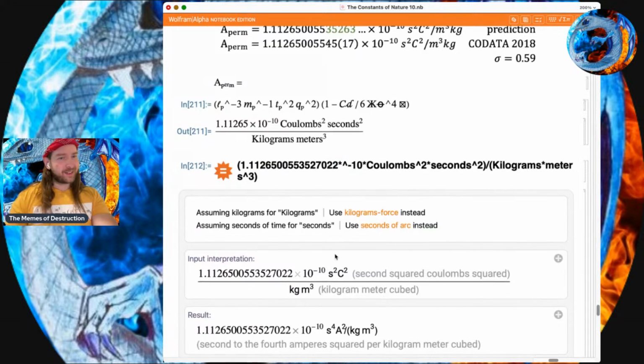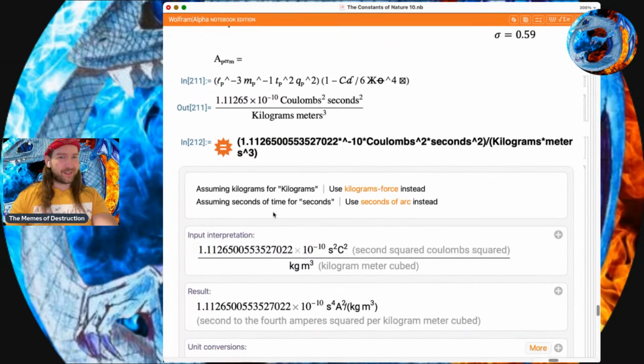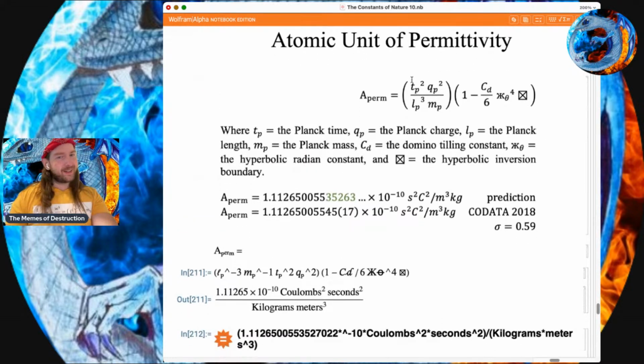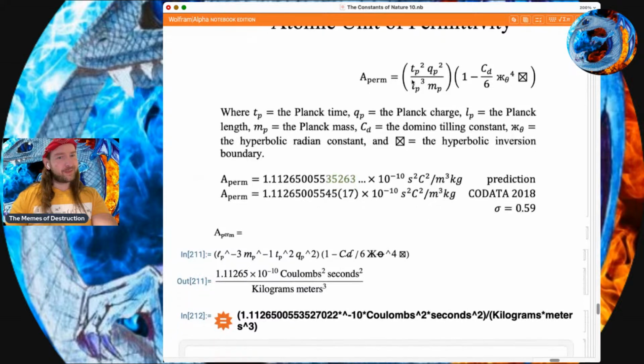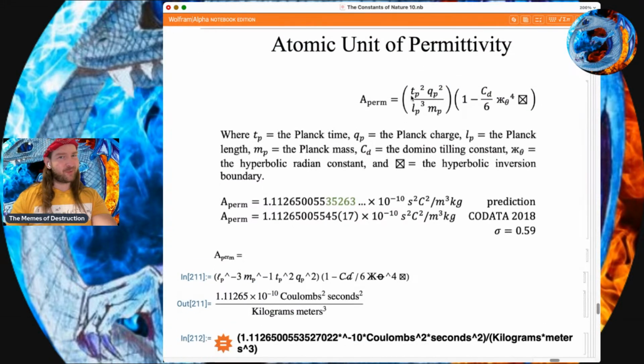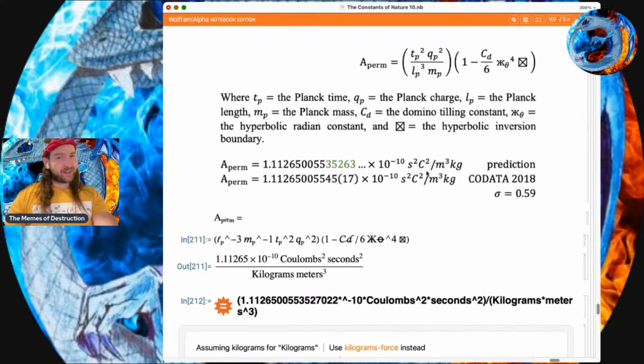All right. So, what unit is that? That's in seconds. Hold on. That's not 8. Oh yeah, that is 8 prime. Seconds, coulombs, meters, kilogram.